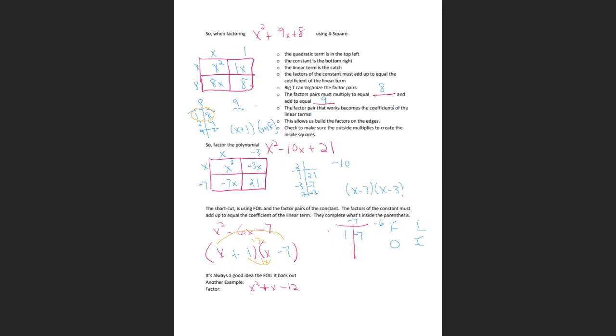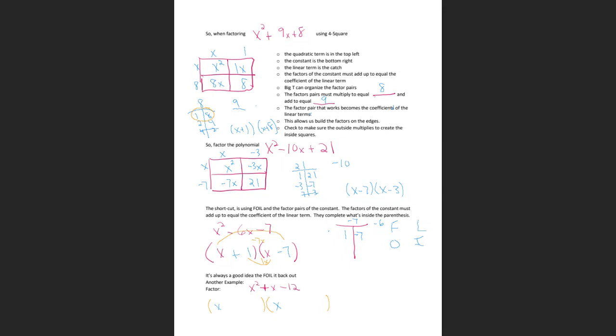So if I want to factor x squared plus x minus 12 using FOIL, what we did is we set up these two sets of parentheses. Now to get the x squared, we have just x times x. But for the constant, this negative 12, there's several choices.